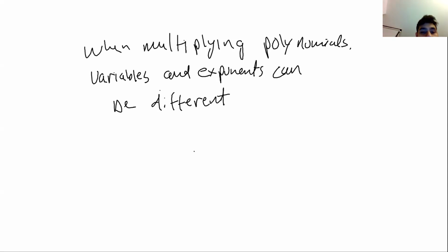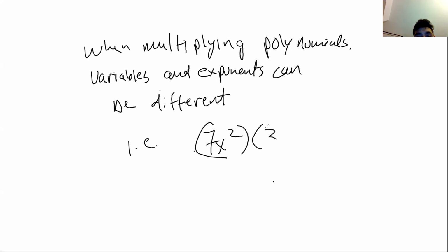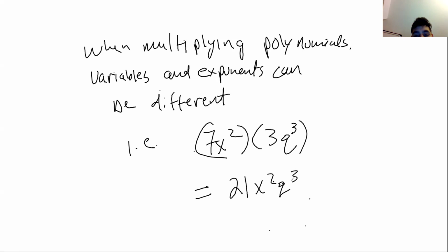All right, so i.e. 7x squared multiplied by 3q cubed equals 21x squared q to the 3. So we got to keep that in mind when multiplying, and that applies to dividing polynomials as well, I guess. So let's simplify.